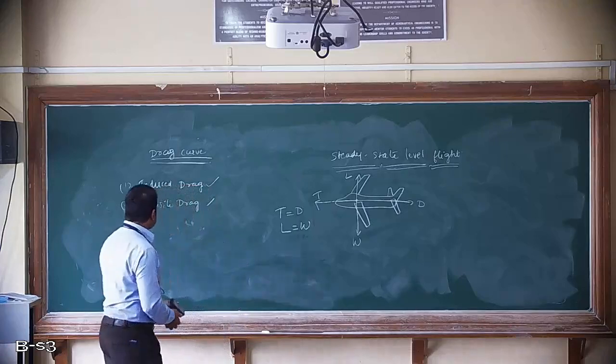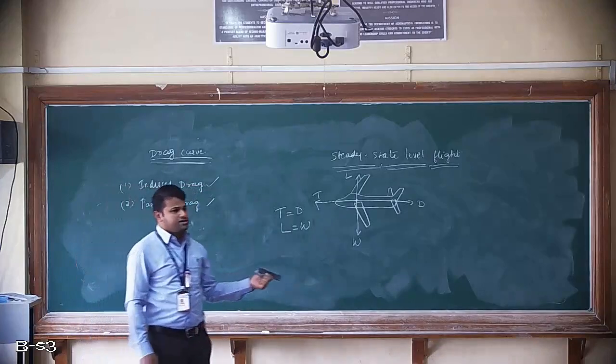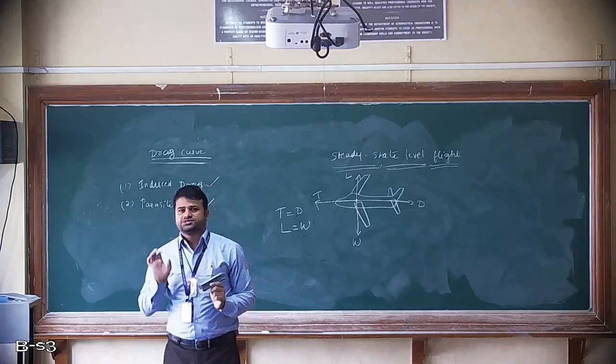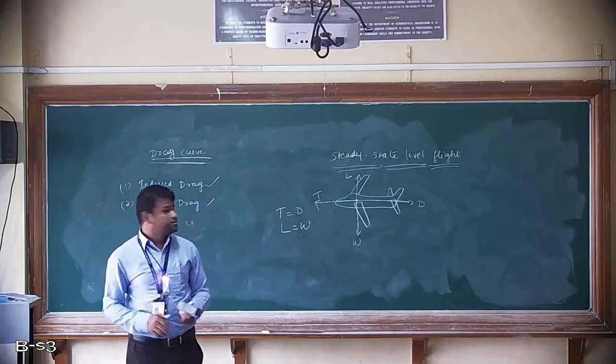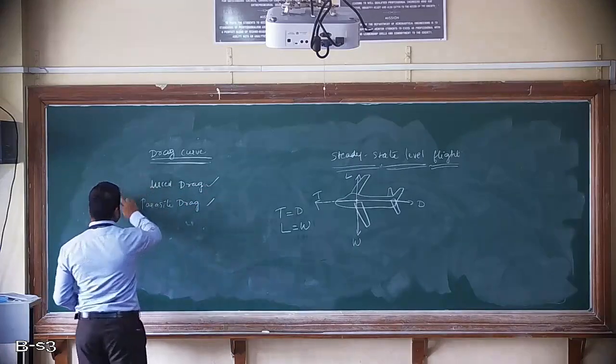So now induced drag and parasite drag are both related to the airspeed. So now I will draw one small curve for that, a drag curve. We'll see how it looks.